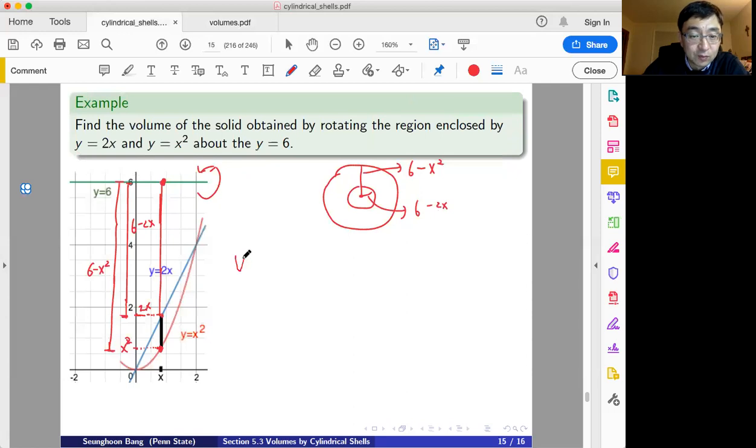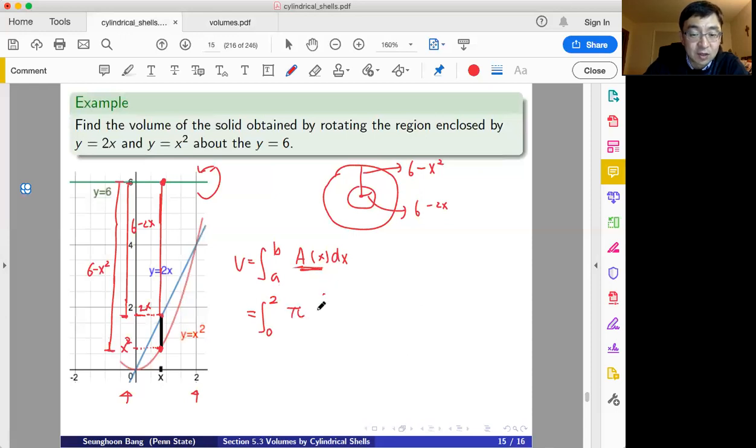What's the volume? Integral from a to b, a of x dx. You can use it. So integral from the same 0 to 2. What's a of x?